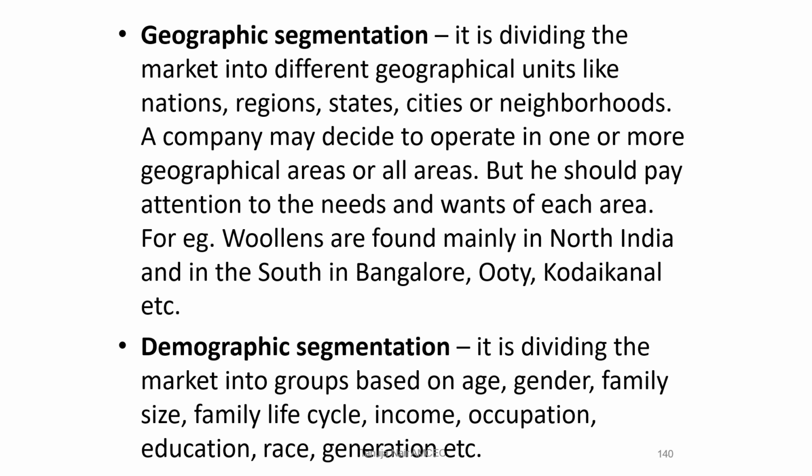So family life cycle means each person goes through some stages in his life. So as a child, then as a toddler, then as a young teen, then as an adult, then young and single, then newly married with a young child, then married with an older child, then married with dependent children, and then the empty nest, that is when the children have grown up, married, moved away, so one of the parents is surviving.